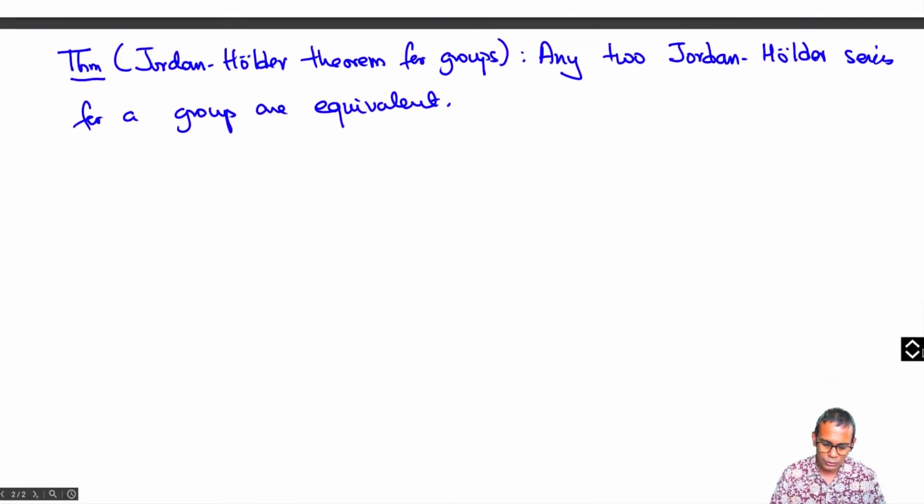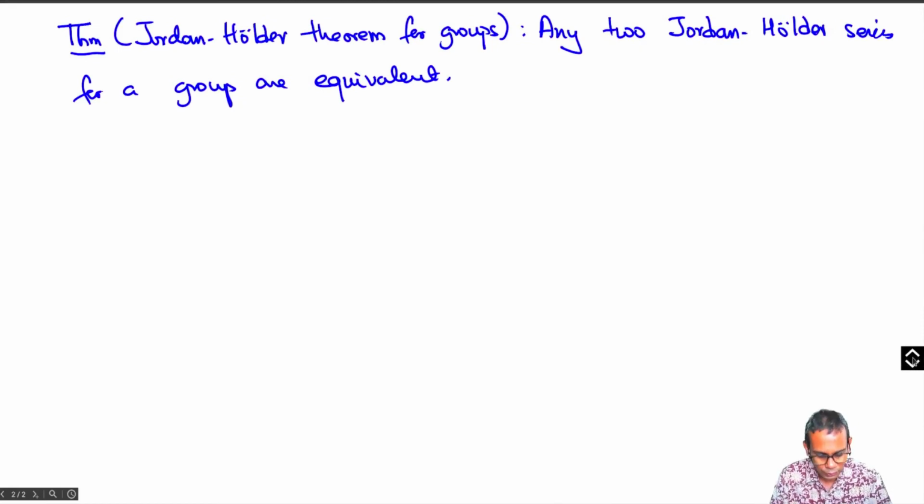And so now the Jordan-Holder theorem says that any two Jordan-Holder series for a group are equivalent. And the proof is exactly the same as for modules. And so just philosophically, what does this say? So in some sense, it says that, okay, so let's just talk about finite groups.